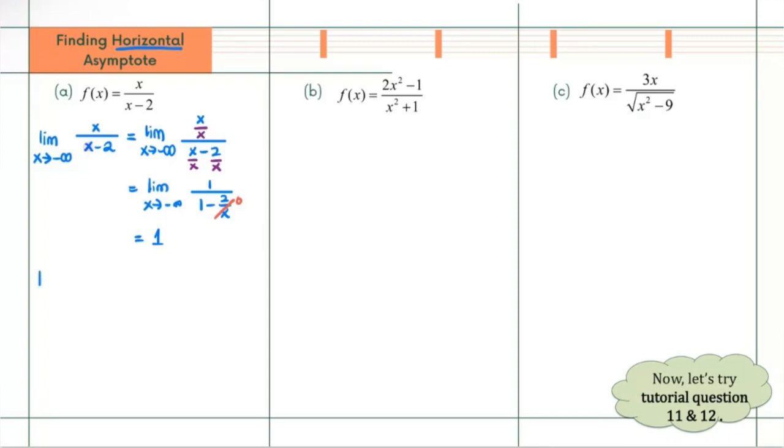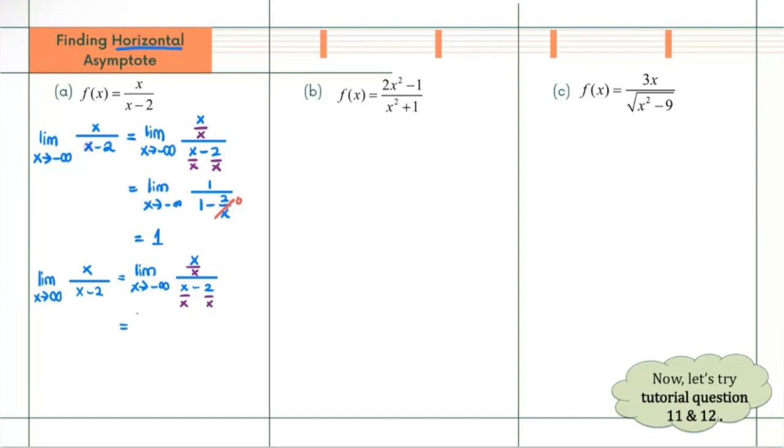Now, kita kira pula untuk x approaching positive infinity. Masih lagi function yang sama dan perlu tunjukkan langkah kerja yang sama di mana kamu akan bahagikan dengan highest power of the denominator. So tunjukkan bahagi dengan x, sini bagi dengan x, sini bagi dengan x.